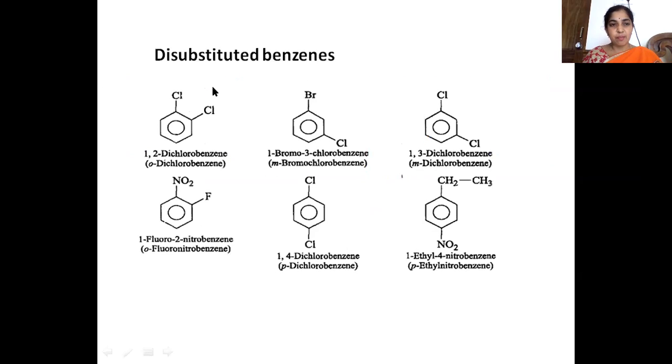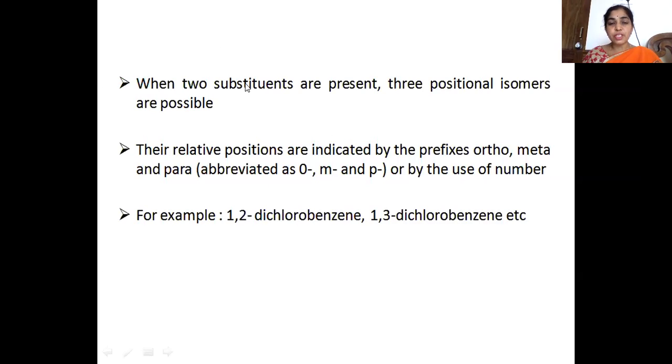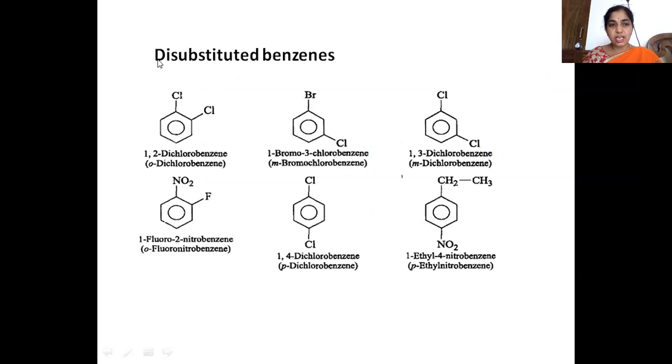So let us take an example here. It is dichlorobenzene. Here you are observing dichlorobenzene. Here also this is dichlorobenzene. Here also it is dichlorobenzene. Only the position of the second chlorine is different in all these three isomers. So, when two substituents are present, three positional isomers are possible. In this example, the second chlorine is present in the ortho position, so we call it orthodichlorobenzene.